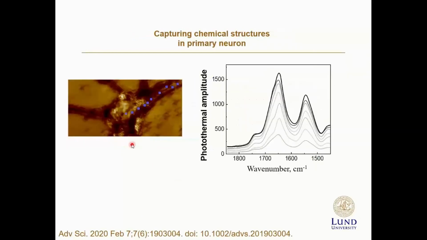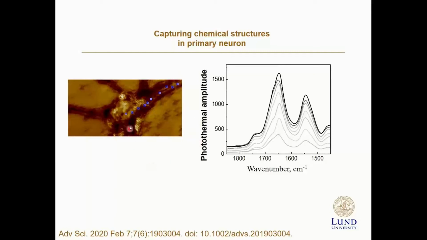Here is a very interesting experiment. We decided to study how spectral intensity depends on the thickness of the neuron. This is the cell body, the thickest part of the neuron. Then we took spectra at a distance of 1 micrometer, and we could observe that the intensity of the signal correlates with the thickness of the neuron and goes down as the neurite becomes thin.